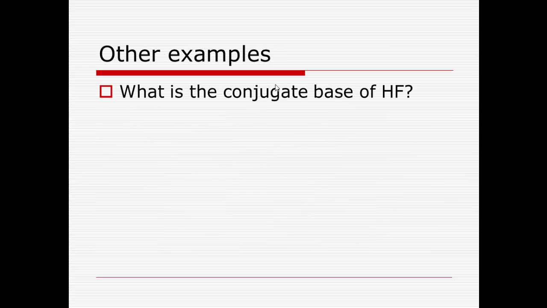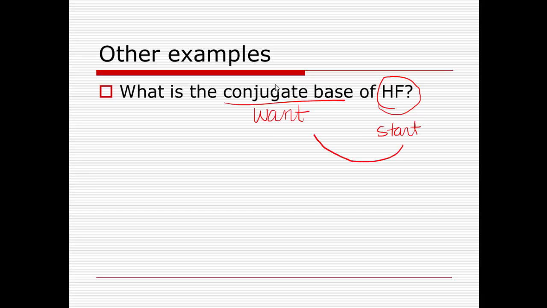There's one more way that we can ask questions about conjugates. I could say, what is the conjugate base of HF? Okay. I want the conjugate base. So HF is what I'm starting with, and I want it to turn into a conjugate base. So if HF is going to turn into something that is the conjugate base, HF needed to act like a what?